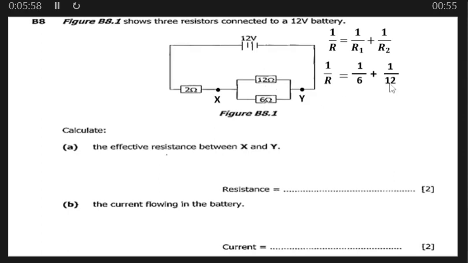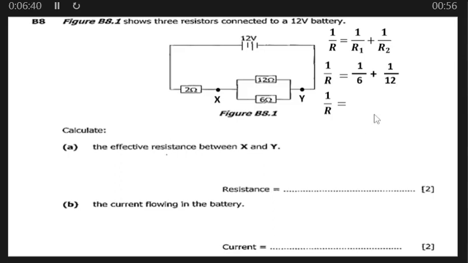So say over 12, then we'll say 1 over R is equal to, this one becomes a mathematical expression consisting of addition of two fractions. So when you are adding two fractions like this, you have to look for a common denominator in which the denominators here can go without giving a remainder. In this case, 12 is a common denominator.